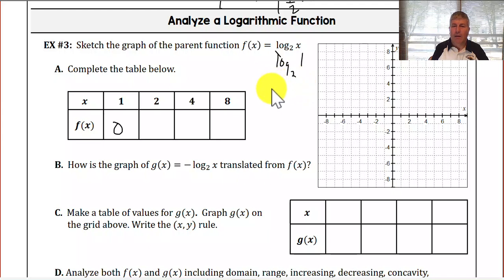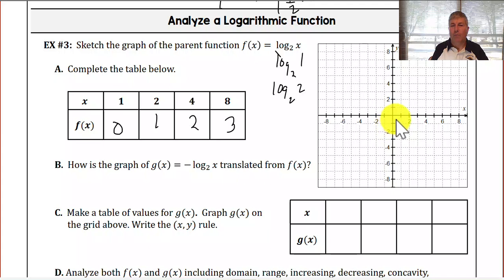And log base 2 of 2. What's the exponent on 2 that would give an answer of 2? Well, that is 1. And then log base 2 of 4. What is the exponent on 2 that would give an answer of 4? And so we have 0, 1, 2, and 3 to fill out our table.